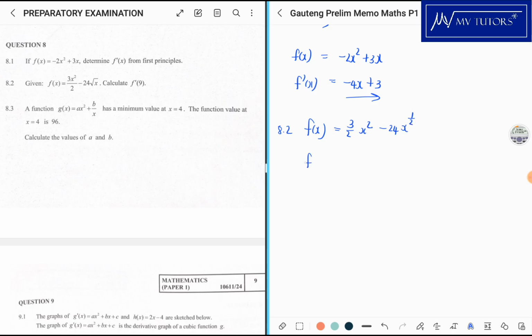Now I can get the derivative using the power rule. So 3 over 2 times 2 is just 3x, and 2 minus 1 is just 1. Then a half times 24 is 12, and x to the power a half minus 1 is negative a half. At this point, I am going to substitute 9 wherever we have x.